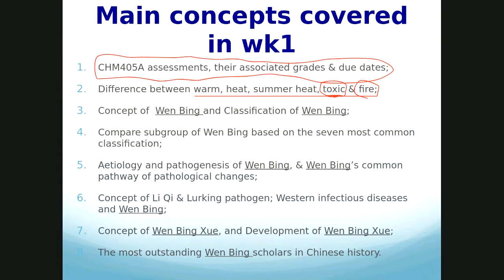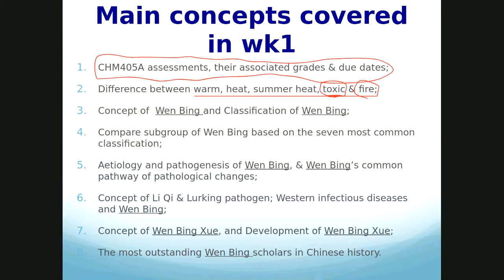Wind warmth can happen in any season, specifically in the spring and the winter. Spring warmth specifically happens in the spring, and summer heat specifically happens in summer, and damp warmth mainly happens in late summer, early autumn, and autumn.